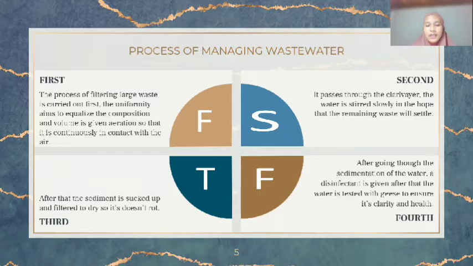Some sediments that have a high organic content are returned to the water as microbial seed. And the last, the fourth, after going through sedimentation of the water, a disinfectant is given. After that, the water is tested to ensure its clarity and health.